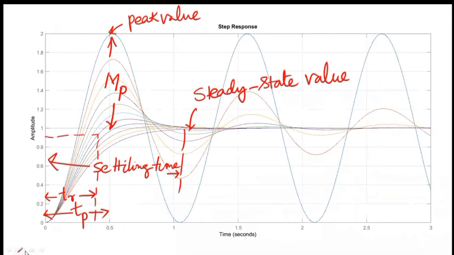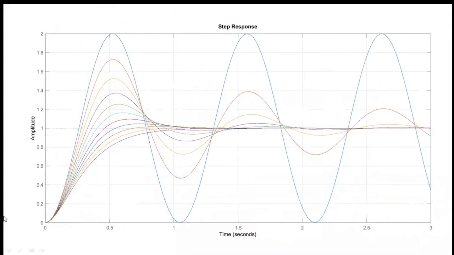Coming to this diagram, I am taking one particular response, somewhere here 0.9 will be there. 1 is its final value. So this time is known as the rise time, represented with T suffix R.